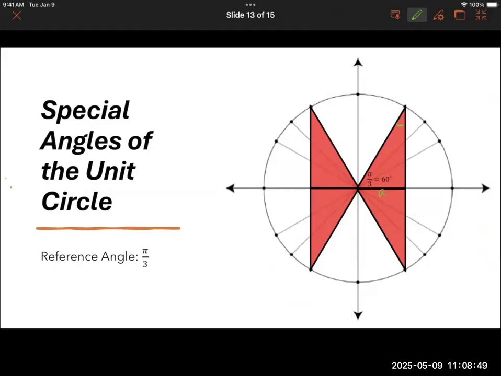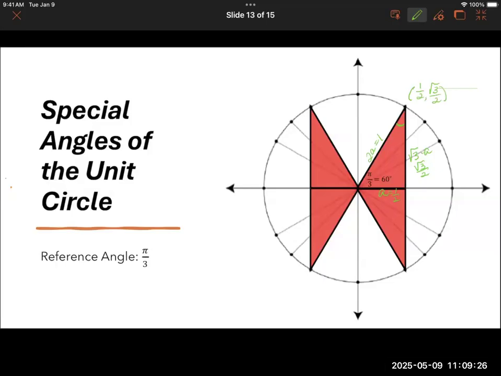So that makes this A. We know this then across from 60 is going to be the root 3 times A, and this becomes the 2A. Well, again, that's just equal to 1. So A is still going to be 1/2. It's just now along the x-axis. And this is still going to be root 3 over 2. It's just now on the vertical. So this point now is going to be 1/2, root 3 over 2.